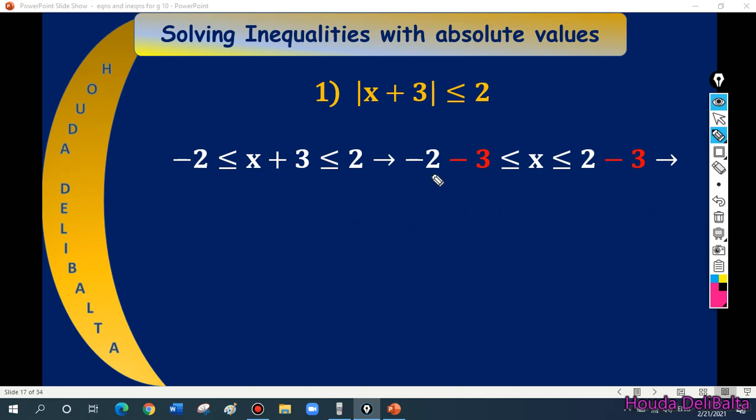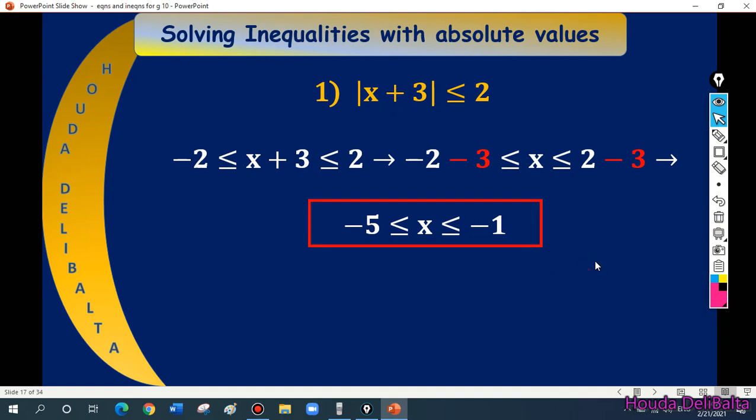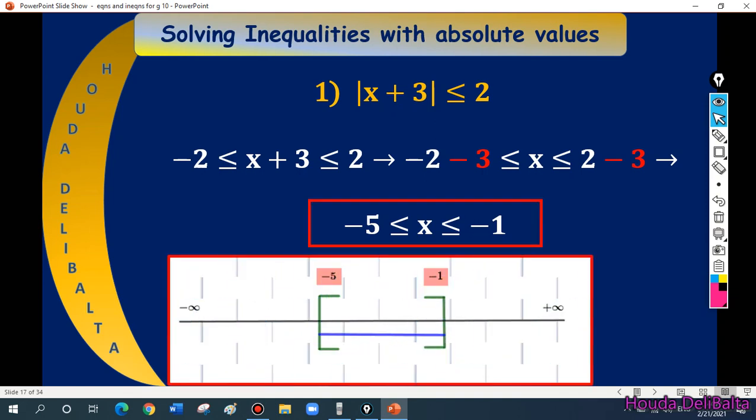So we continue: we get on the first side minus 5 less than or equal to x less than or equal to minus 1. We can read it as x is bounded between minus 5 and minus 1. Now how do we express this solution on a number line and in interval form? On the number line, as I told you, we put the numbers in order from smallest to largest. So minus 5 comes before minus 1, and the solution is the values between minus 5 and minus 1, which we express with this dash, this line or segment.